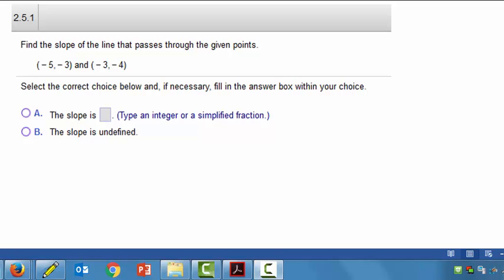So in this problem, we want to find the slope of the line that passes through the two given points. When we do a problem like this, we label the points. It does not matter which one I call x1, y1, and which point I call x2, y2.